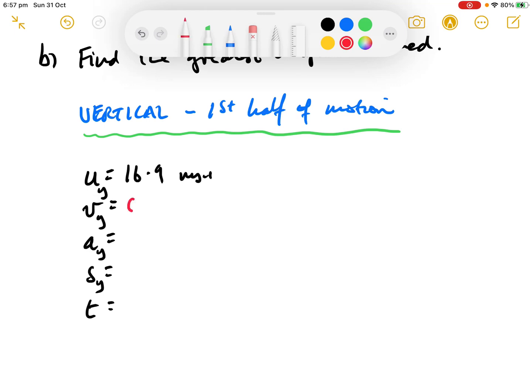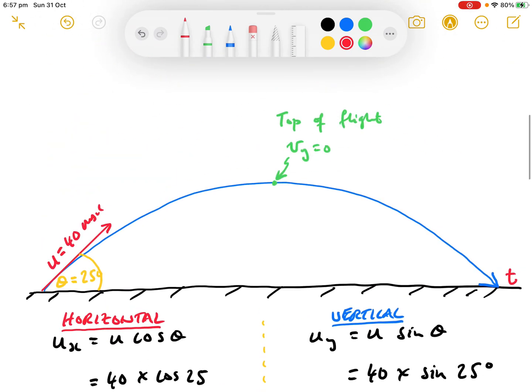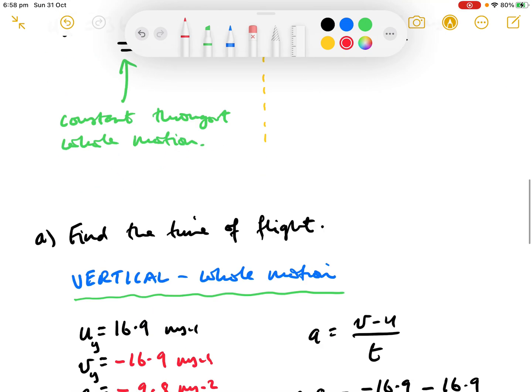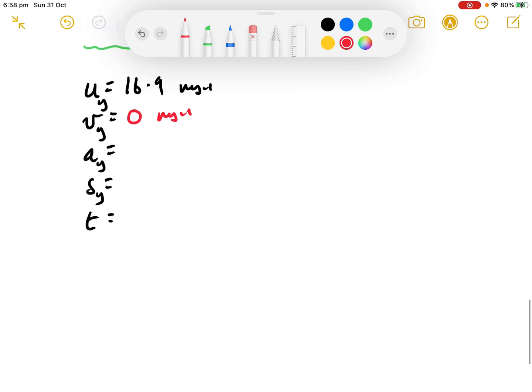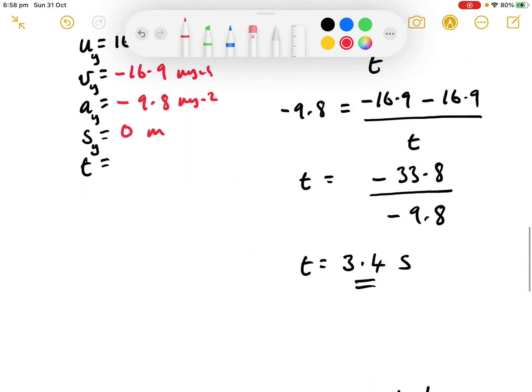Now, the hidden information here is that the final vertical velocity is 0, because at the top of the flight, Vy is 0. So I put that in. A is another hidden bit of information, minus 9.8 meters per second squared. This is what I'm looking for.